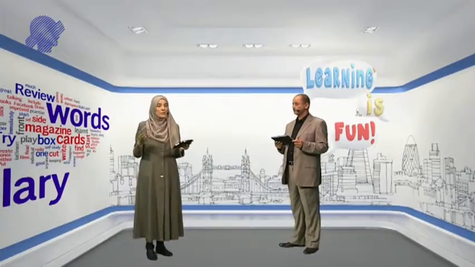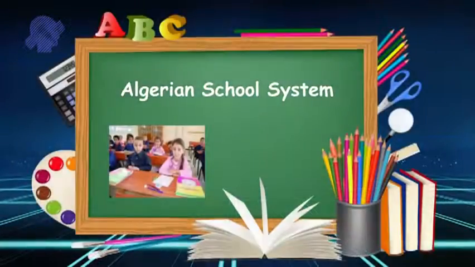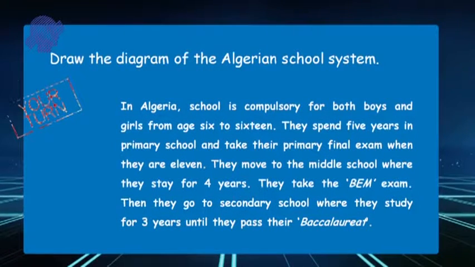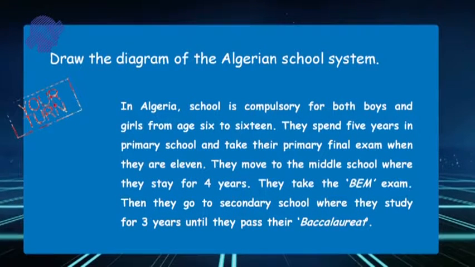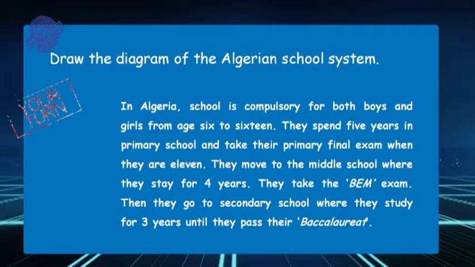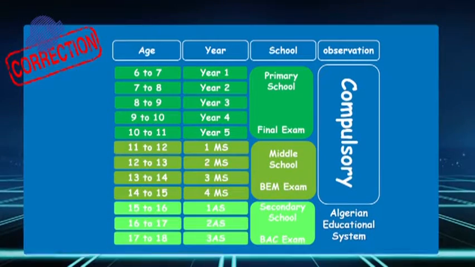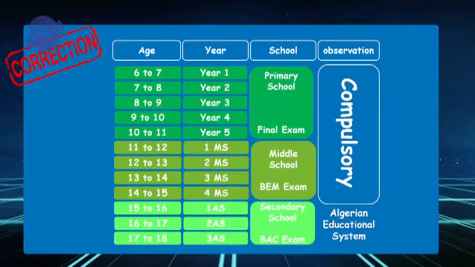But what about the Algerian school system? Okay, now it is your turn to draw a diagram about the Algerian educational system. This paragraph can help you. Well, and here is a possible diagram that you can obtain by the end.